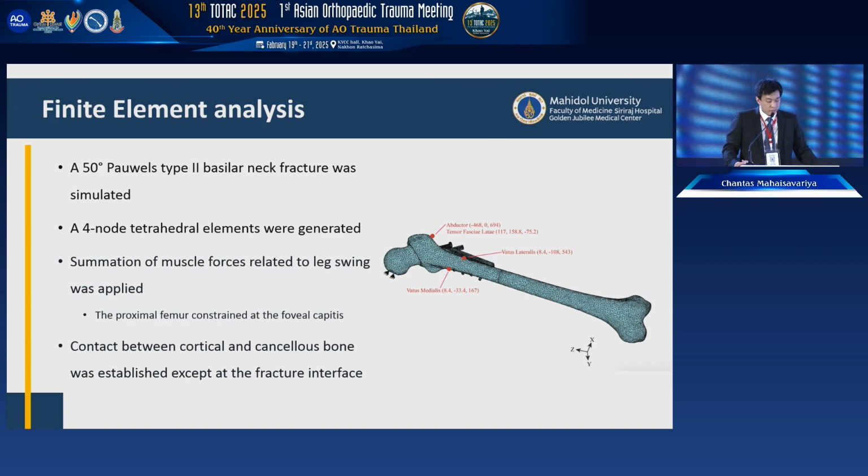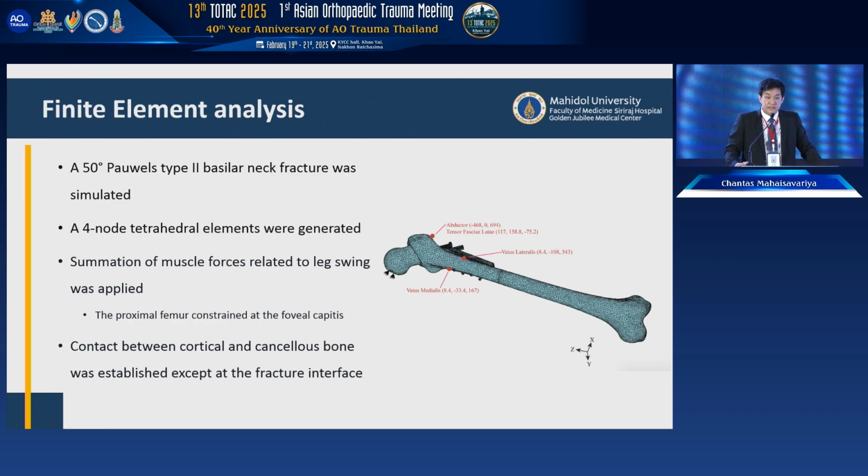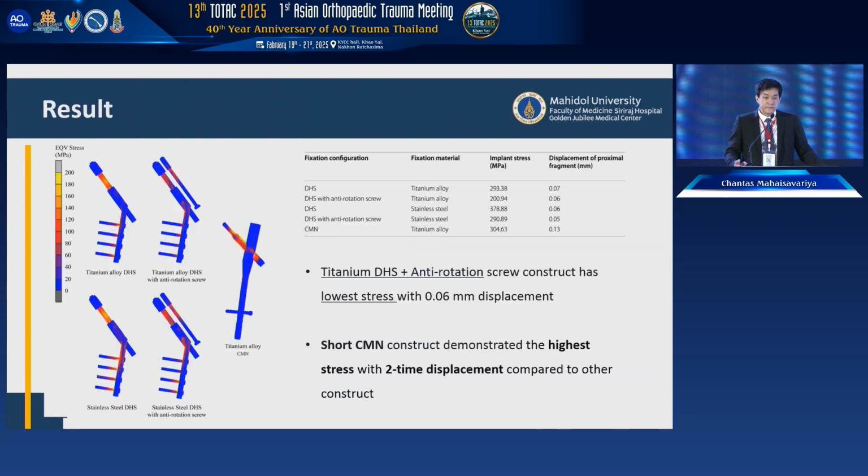We used tetrahedral elements to generate our models, and the summation of the muscle forces related to the swing phase of the hip was applied in the boundary and contact conditions, while the proximal femur was constrained and the distal part left free to demonstrate the swing phase. The contact between the cortical and the cancellous bone was established except at the fragment interface, to see what happens.